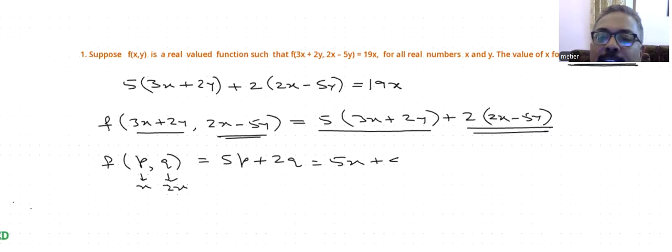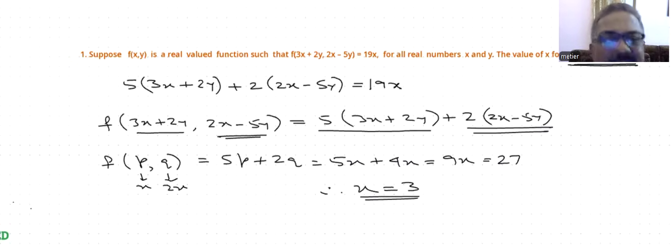It is coming as 9x. That value is given as 27. So x is nothing but 3. So simple calculation. The basic of function: you can substitute the respective variable by another variable or by another number. Here we have done that.